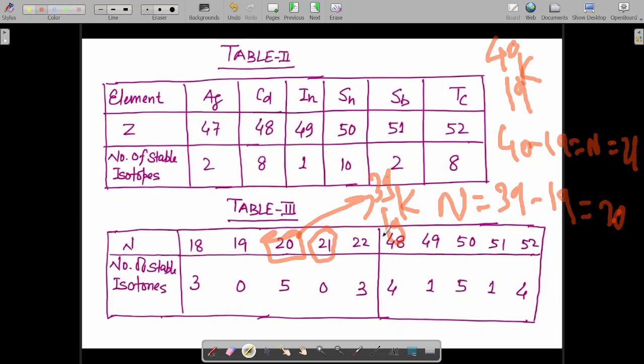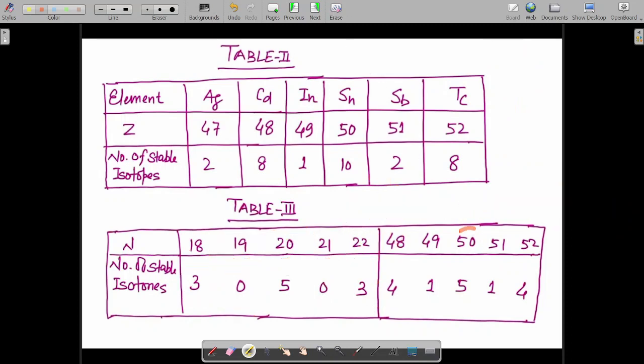So it will have 0 stable isotones. When we have 19 neutrons, that will also have 0 stable isotones. When we have 18 neutrons, only 3 stable isotones. Then 22, only 3 stable isotones.